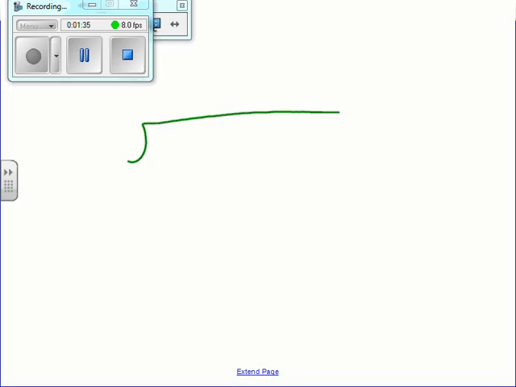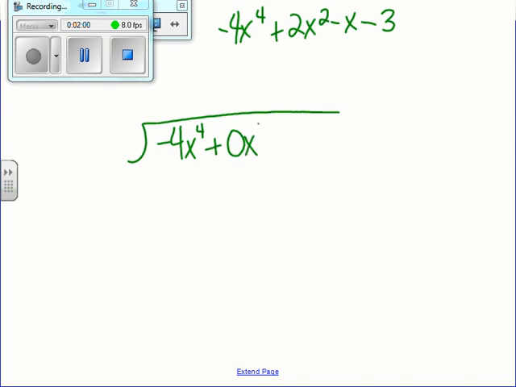So for example, if I was going to divide negative 4x to the fourth plus 2x squared minus x minus 3, I have to write it under here as negative 4x to the fourth plus 0x cubed plus 2x squared minus x minus 3. So it's all written in descending order, and I've got all variables represented.